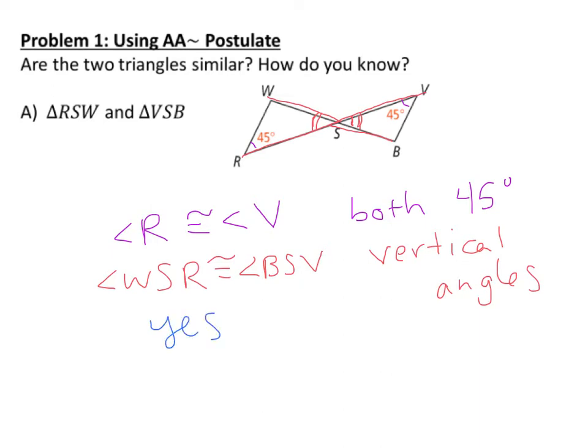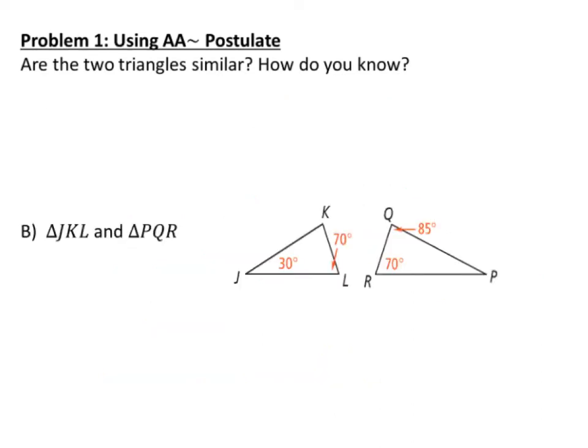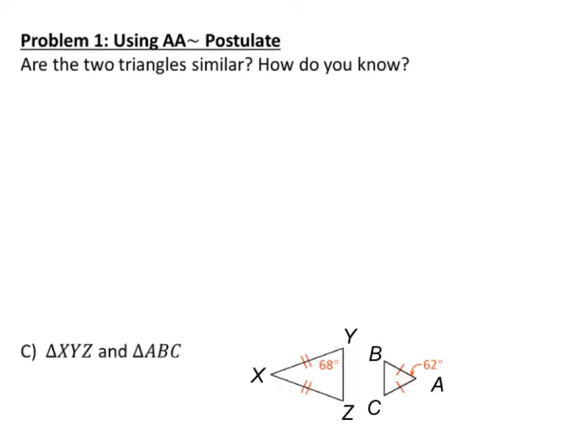Then I can go back up here and say that triangle RSW is similar, not congruent, but similar to triangle VSB. So they may not be exactly the same size, but they're similar. This one we're going to leave blank for now, and we will come back to it later.